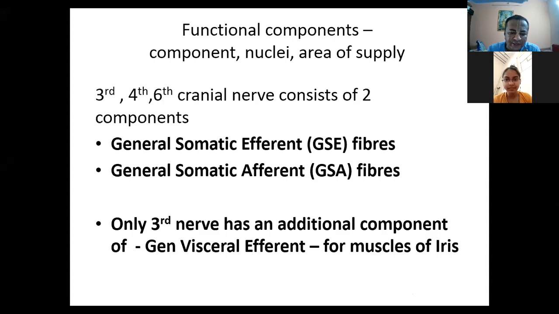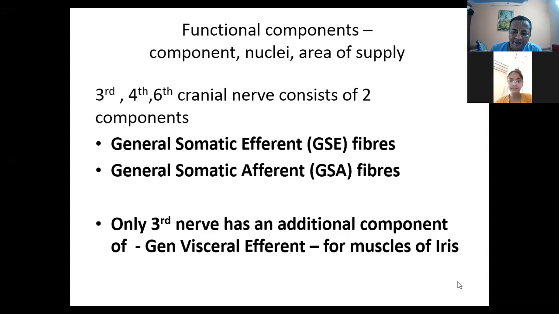So ideally the general somatic afferent should go under the heading of trigeminal, but here also we can show it. So 3, 4, 6, and 12 will have two components: general somatic efferent for the muscles developing from the somites they supply. Only the third nerve will have an additional component.